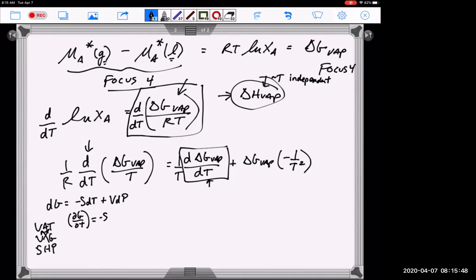So we only have a function, so it's a total derivative of T with delta G, but G's the only term in there, and then that's the same as this guy. And so what we have here is 1 over T times minus S vaporization plus, and so what do we do now?